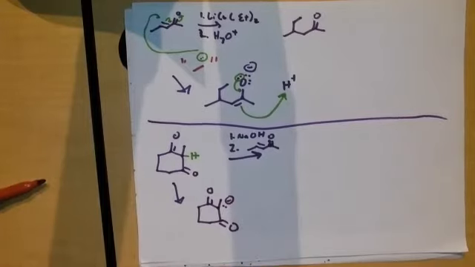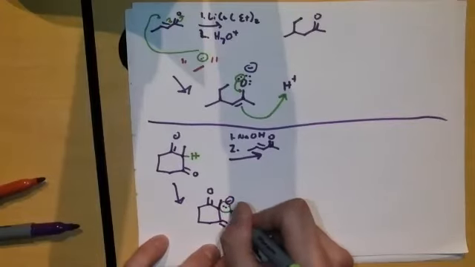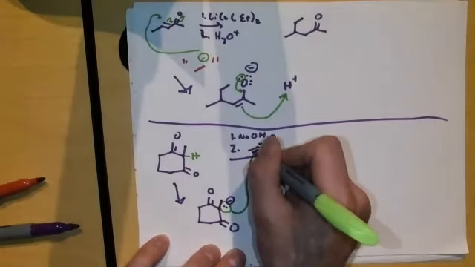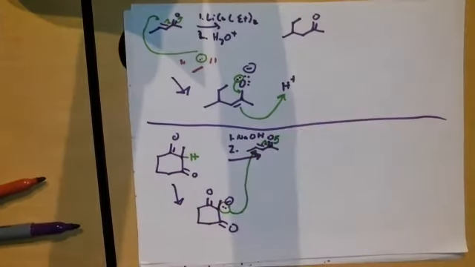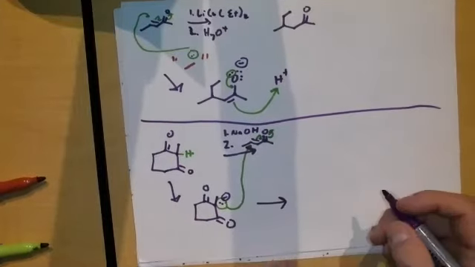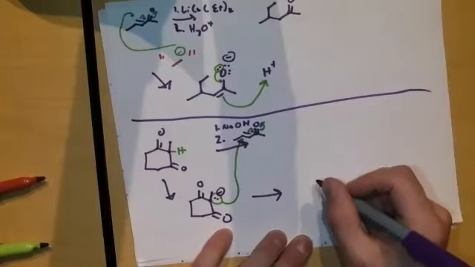This can do an addition to our Michael acceptor over here. We'll generate our Michael addition product.